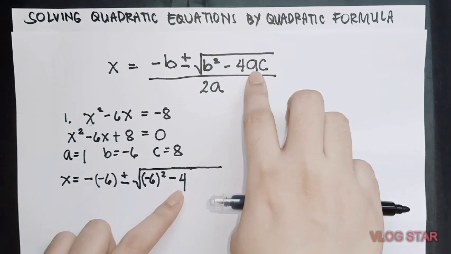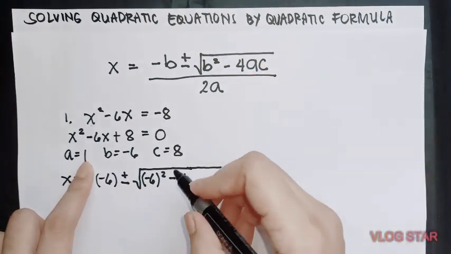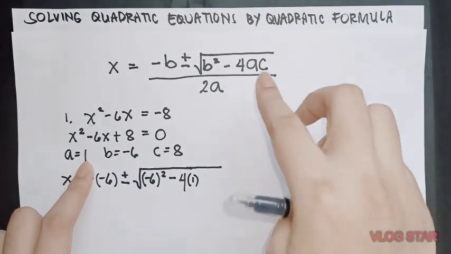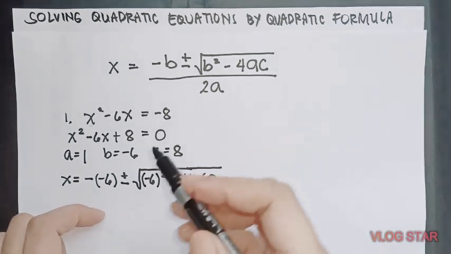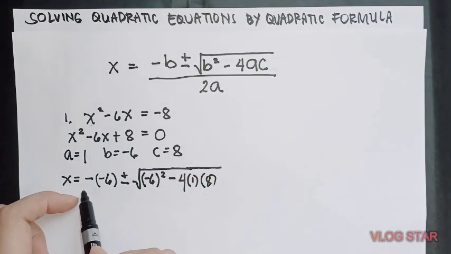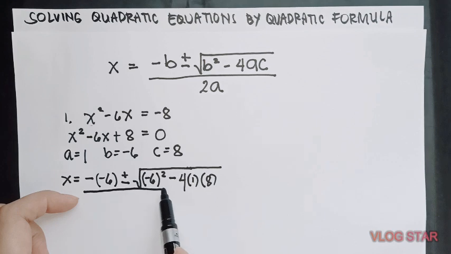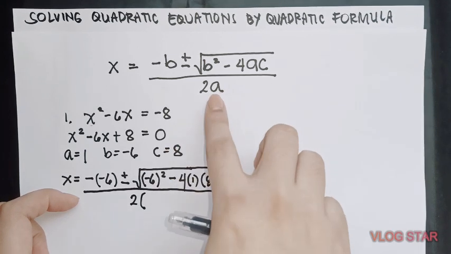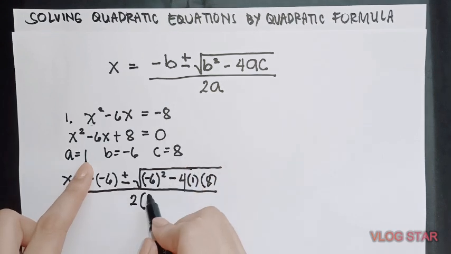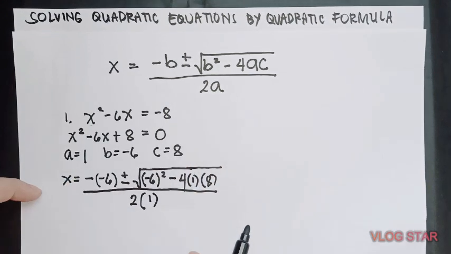So we're going to have 4 times a, which is 1, times c, which is 8, all over 2a, and a is 1. And proceed now to solving.